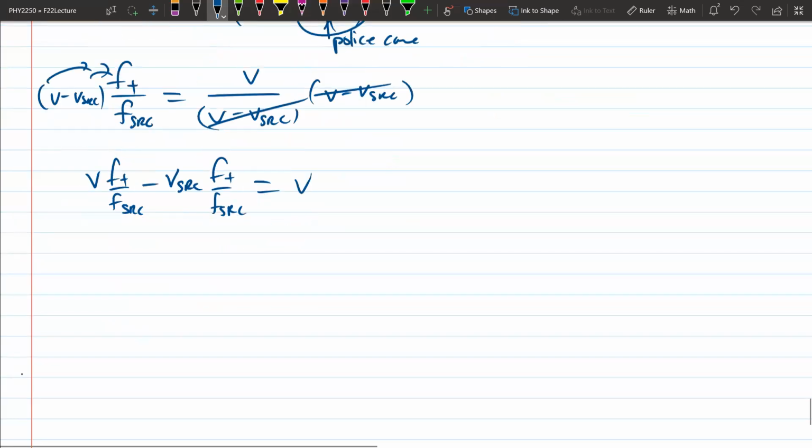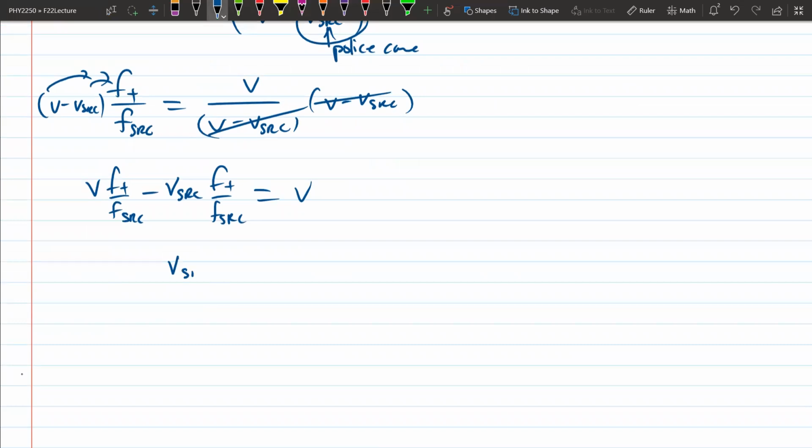If I solve this for V SRC, then move that over, you get V F plus F SRC. Put the minus sign here. Sorry, I'm going to do this in two steps because I'm confusing myself.